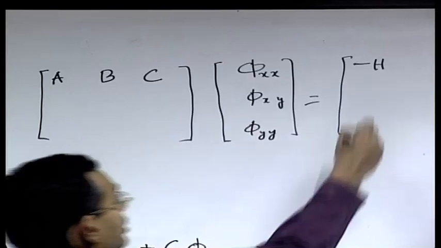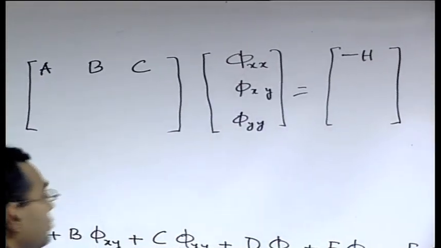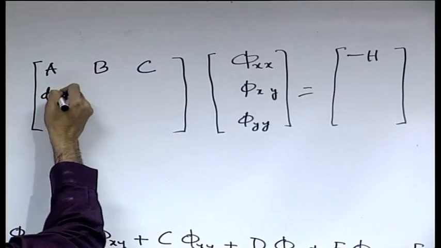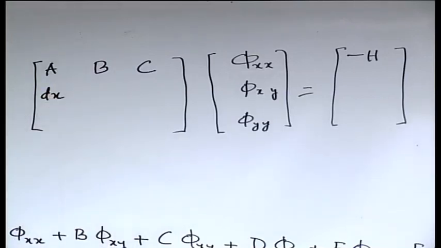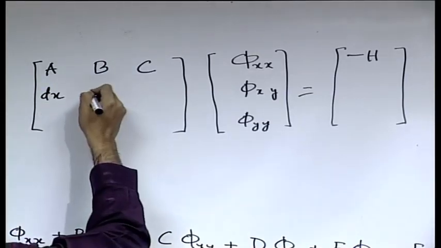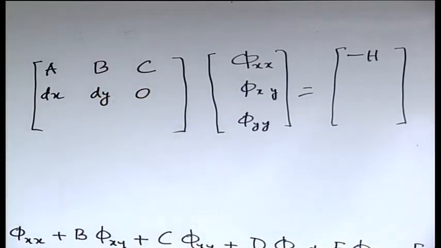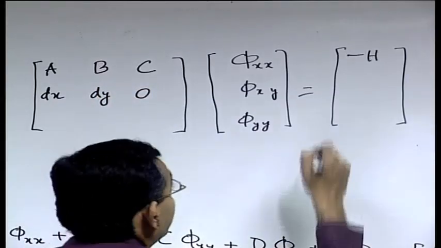From the second equation, phi xx into dx plus phi xy into dy, there is no phi yy, is equal to d phi x.